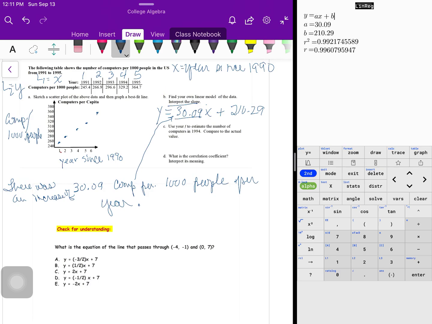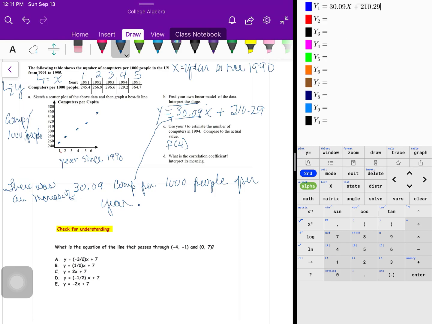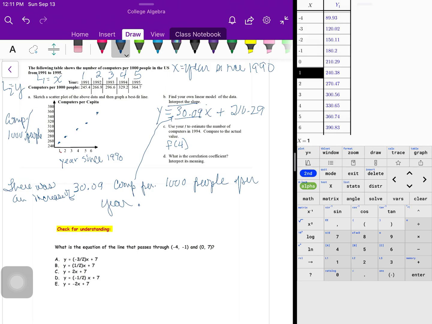Use your function to estimate the number of computers in 1994. Well, that would be looking for f of 4. So since we stored this in our y equals, we just press our y equals and we can see the equation is right there. You can go right to your table, which is above graph, so go second table, and we're looking for f of 4.